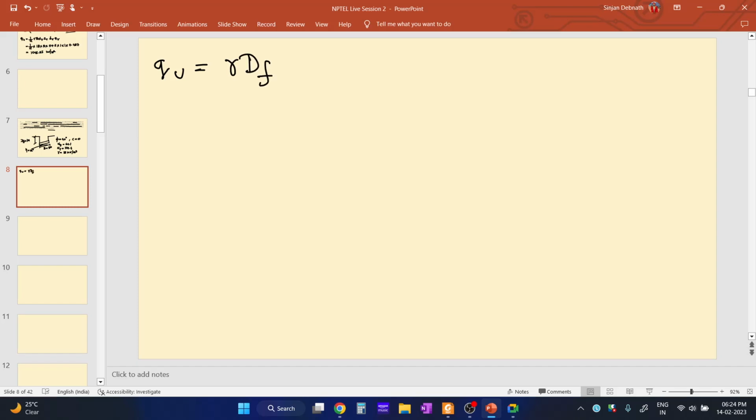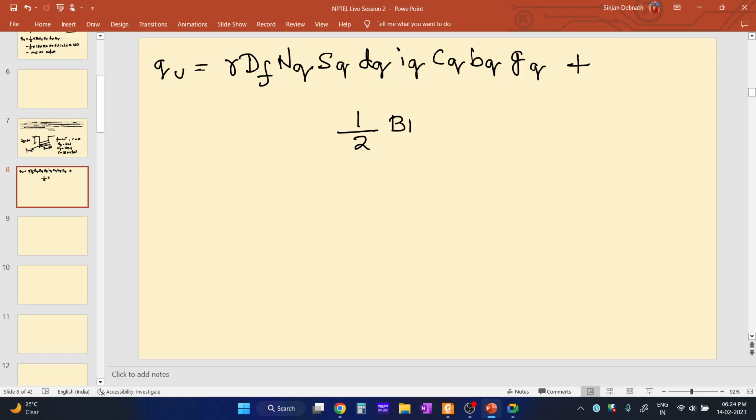Gamma Df Nq sq dq iq cq bq gq plus half into B N gamma, s gamma, d gamma, i gamma, c gamma, b gamma, and g gamma.